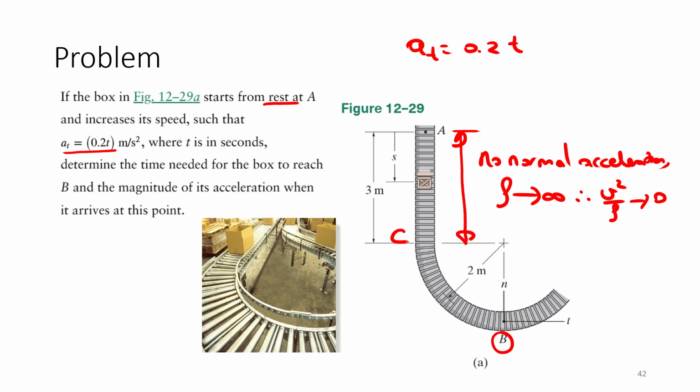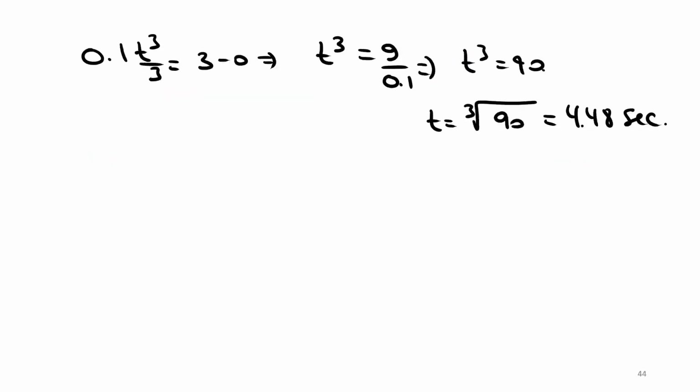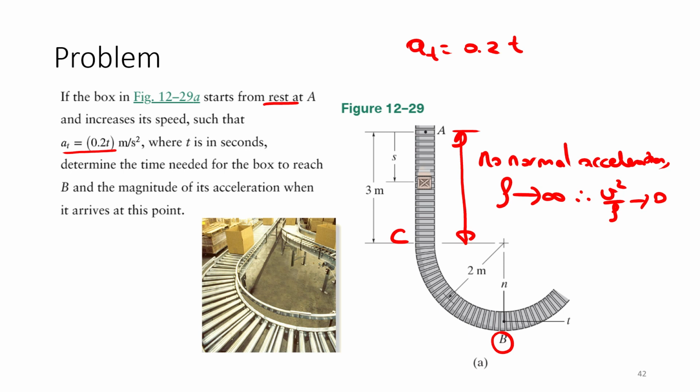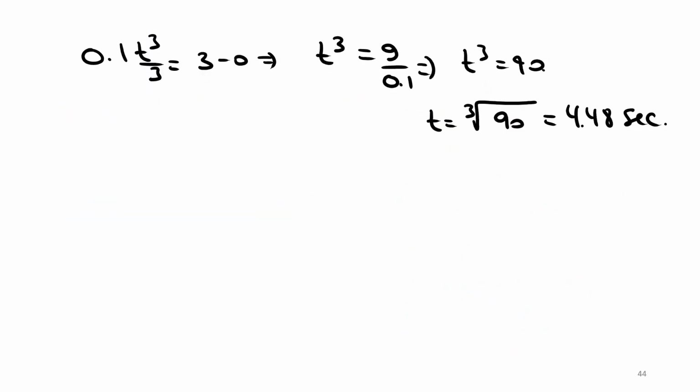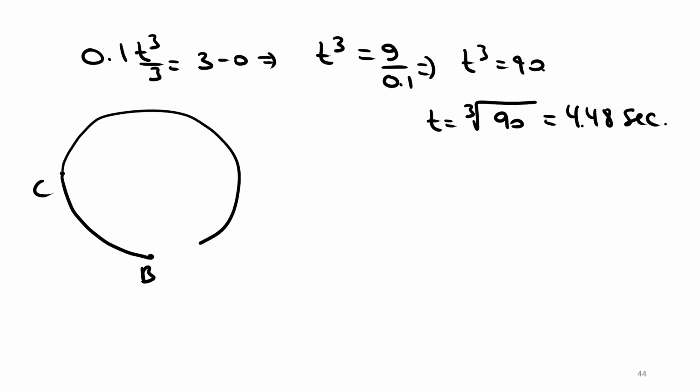And then I will look for the time to reach from C to B. For this section, the CB section, this is point C and this is point B. If you look at it, it is a part of a circle with the radius r, and that is 1/4 of 2 pi r.